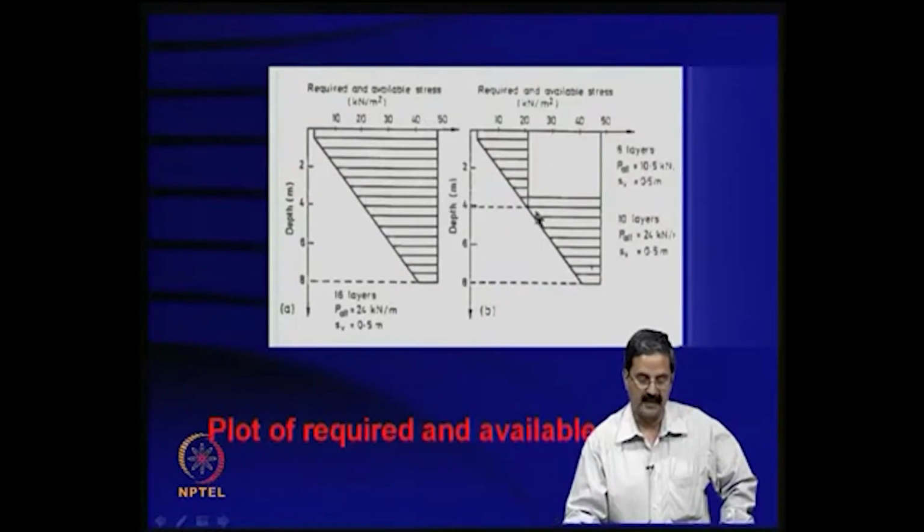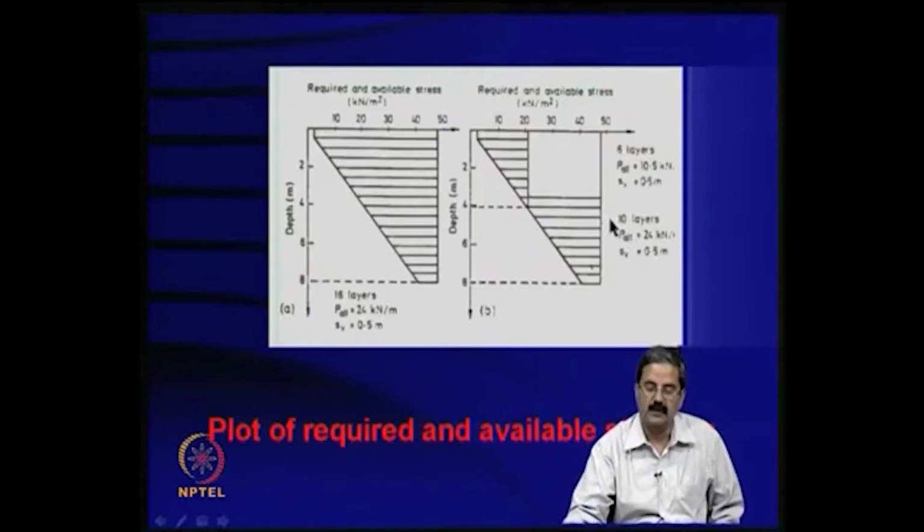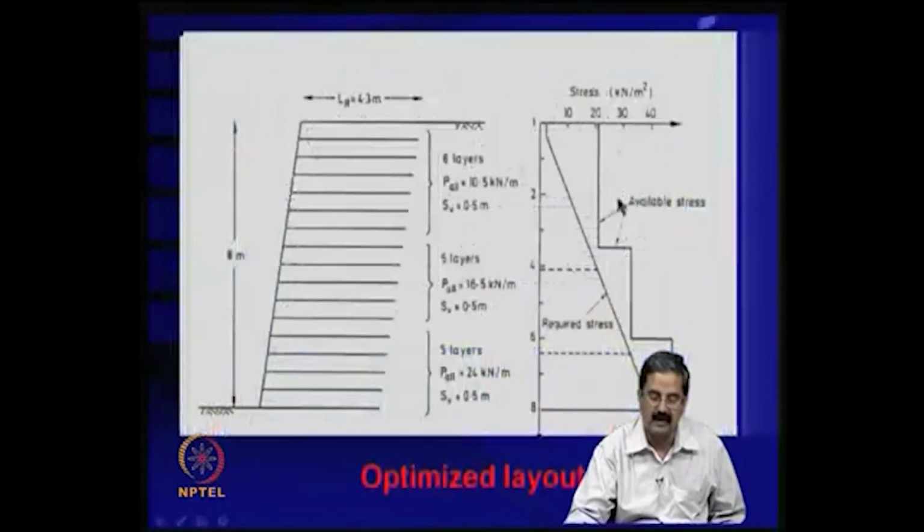The important point is that the available stress should be more than the required stress. Up to this point you can keep only the 10.5 at the top, and once you come here you go for a higher one. So you are able to use your material effectively by replacing the good material with a somewhat weaker one at the top, and here you have a much better configuration.